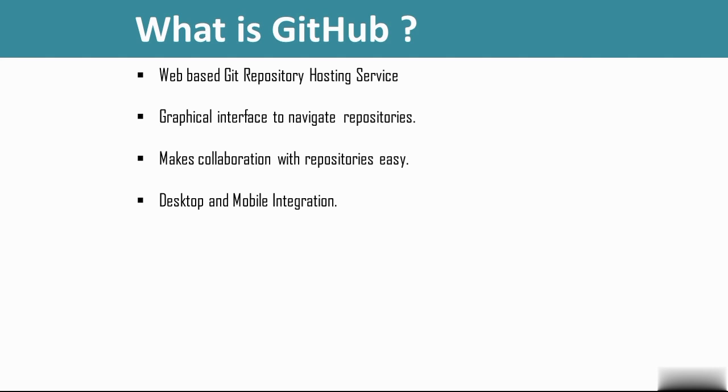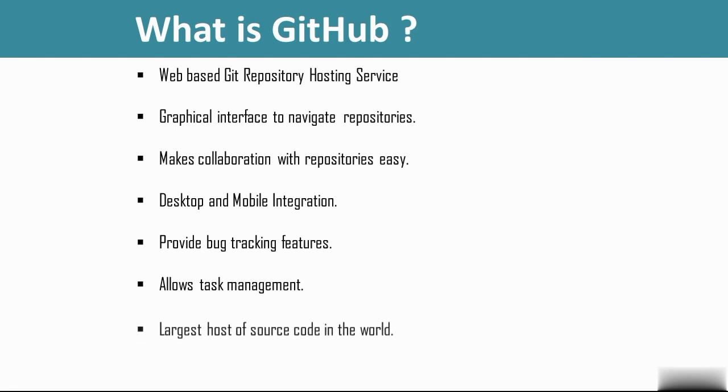GitHub provides bug tracking features, so it enables you to track bug changes and any other stuff relating to bugs. It also has features where you can manage your tasks, so it allows you to manage various tasks that you have.